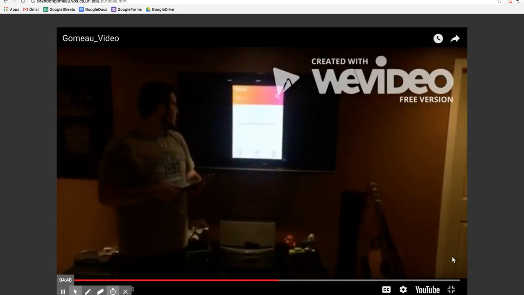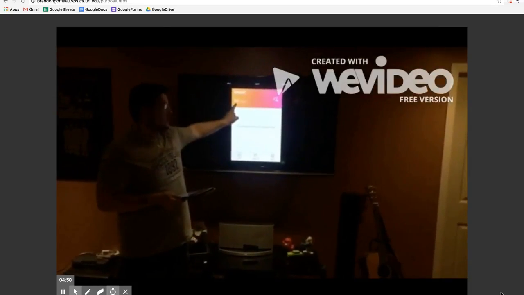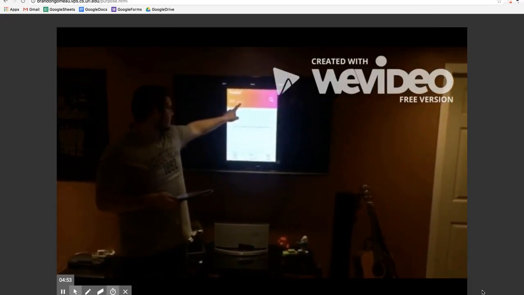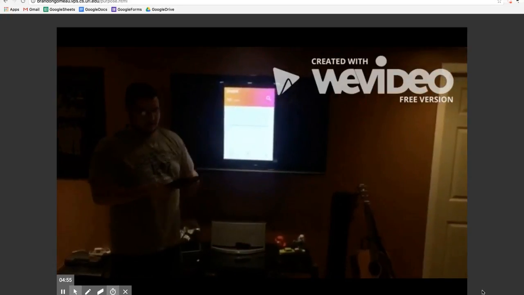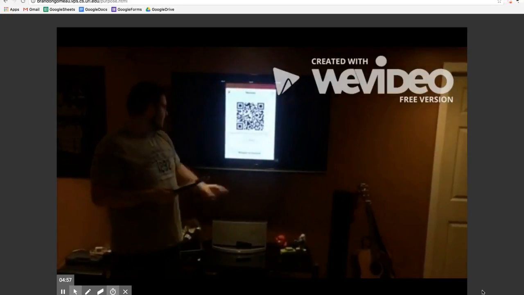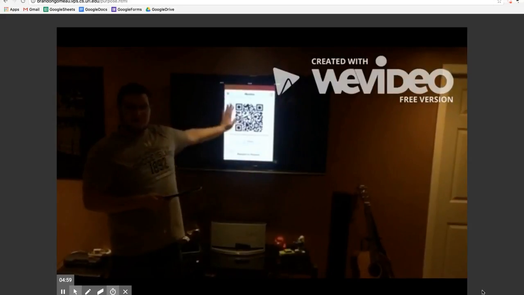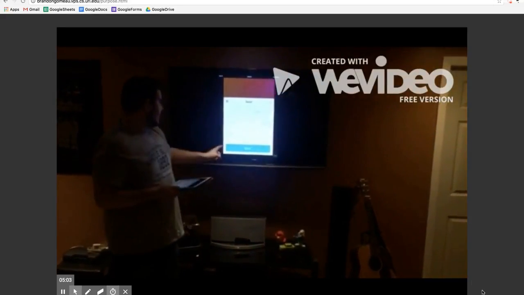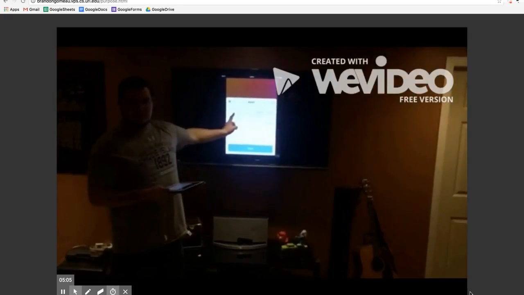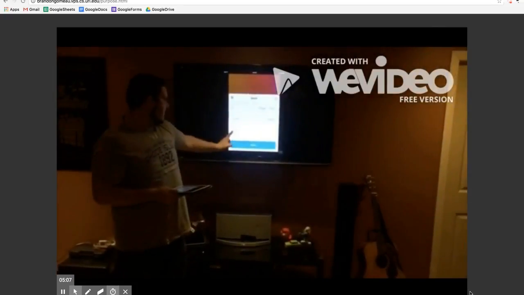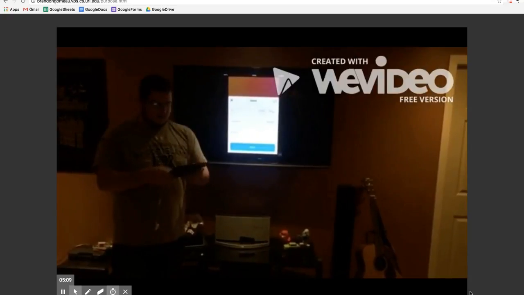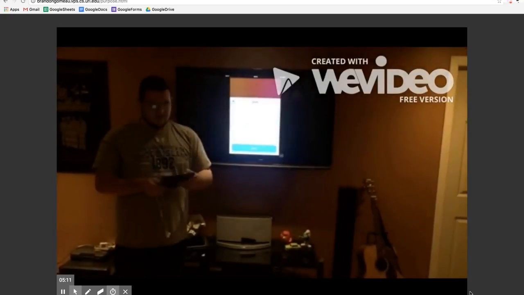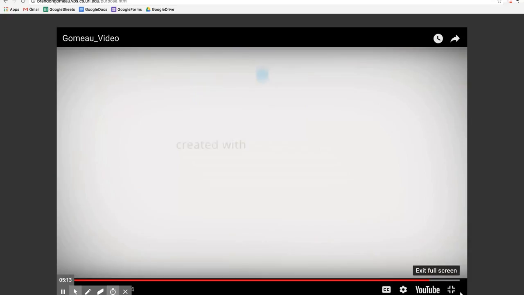This is the Bitcoin wallet. Right here is where your Bitcoin amount is, and this is the equivalent dollar amount at the current exchange rate. If you click on receive at the bottom, this is your QR code where you can receive. If you click on send at the bottom, this is where you put the Bitcoin address of your friend, the amount, and any numbers that you want to send. Then you just hit the send button, and you can send to any recipient.